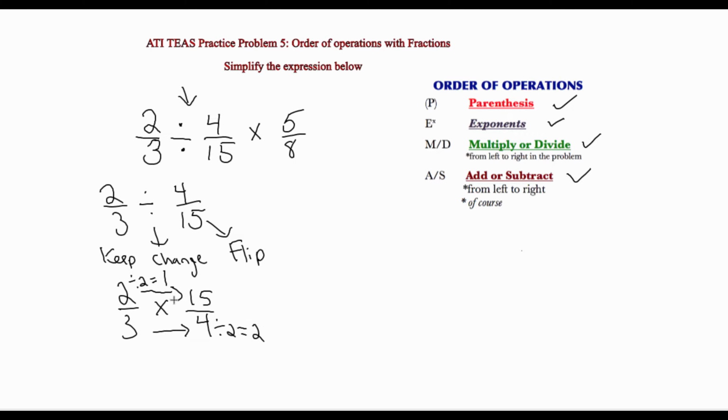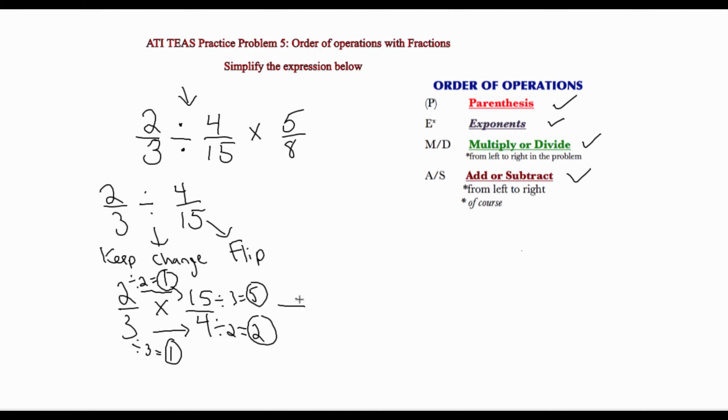Now let's look at 15 and 3. What's the biggest number we can divide into both of those? 3, right? So 3 divided by 3 is 1. 15 divided by 3 is 5. So these numbers that I'm circling are going to be your new numbers in your fractions.